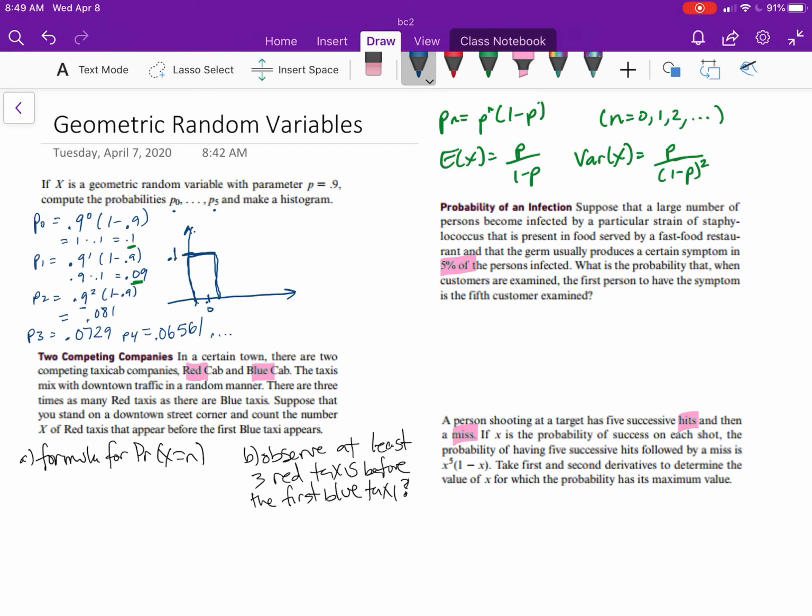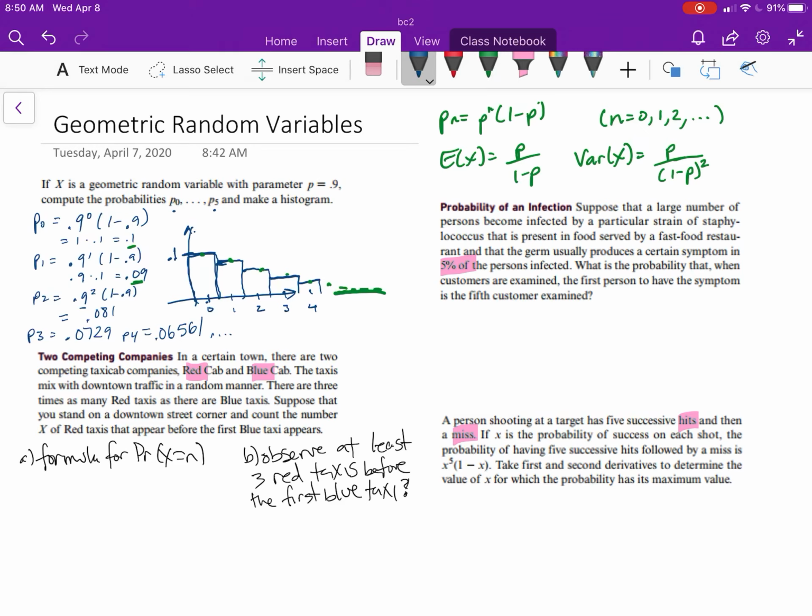At p1, we get 0.09. So that's pretty close to that 0.1. And then for 2, what do we get? 0.081. So again, it's decreasing each time, right? So I don't need to keep going, you get the idea. As we tend to infinity, as we get larger and larger, this thing is never going to be 0, but it's going to be close enough to 0 to where the sum of that infinite series, all the probabilities, will in fact give us 1.